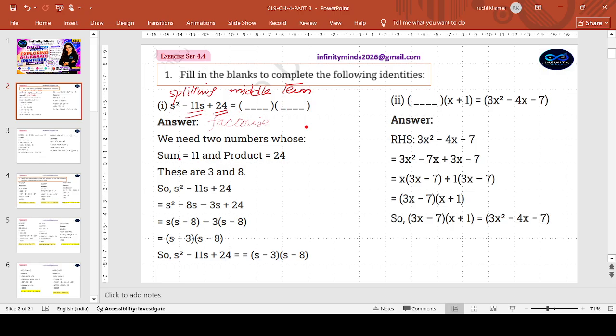We need two numbers whose sum is minus 11, so you have to adjust the signs in such a way, and the product is 24.